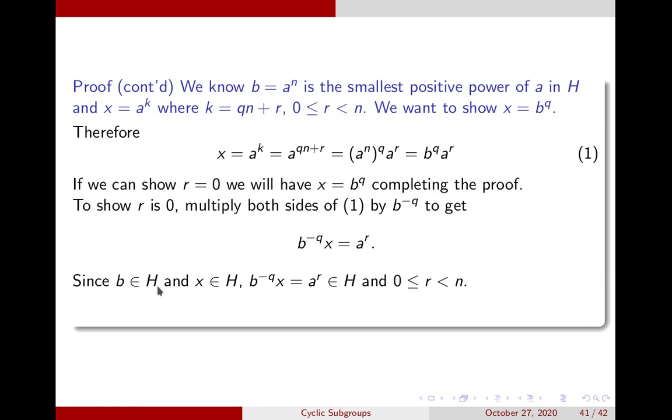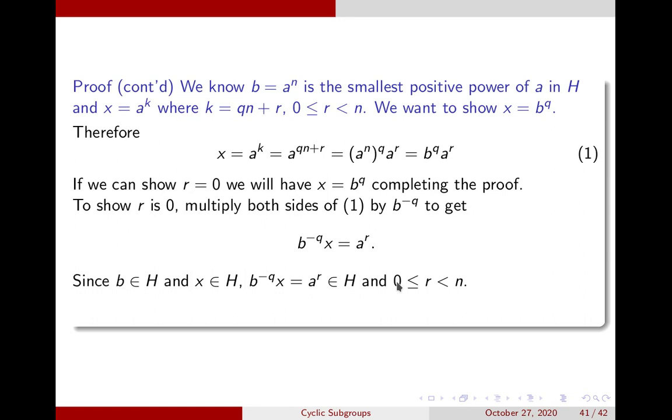Since b is in H and x is in H, b to any power will be in H. And when you multiply two things in H, you get something in H. So since H is a subgroup, b in H and x in H means that b to the minus q times x will be in H, which tells us that a to the r is in H.